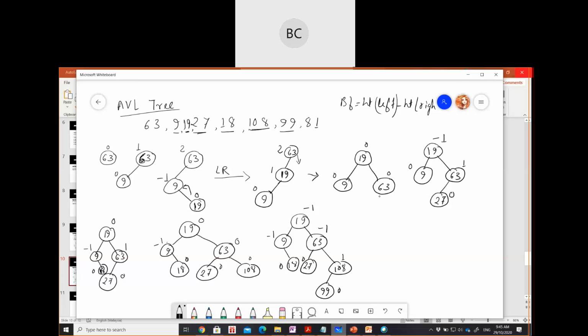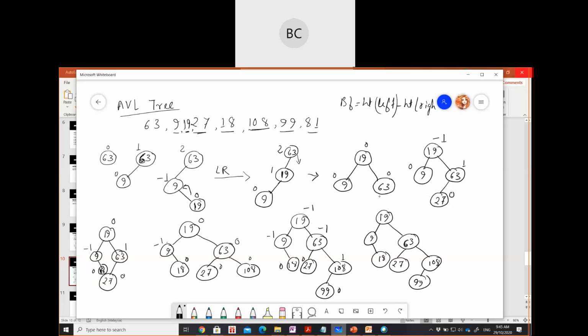So next our node is 81, last node. So now you add, put 81 where?